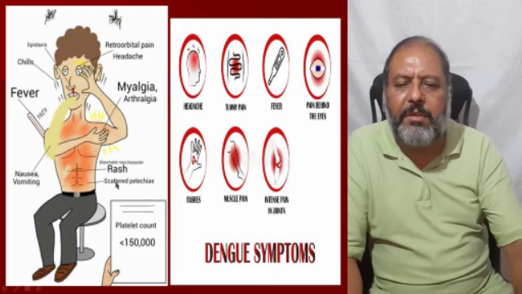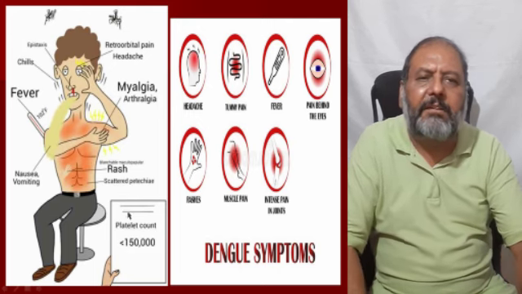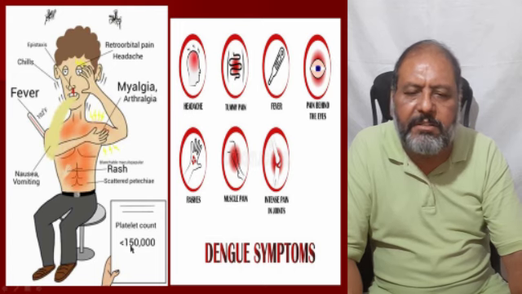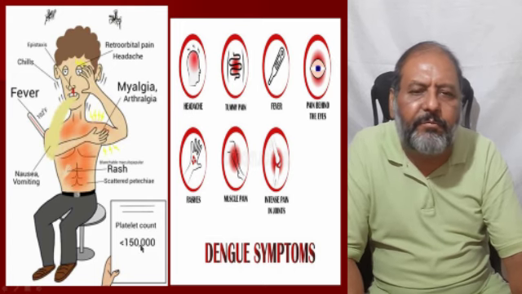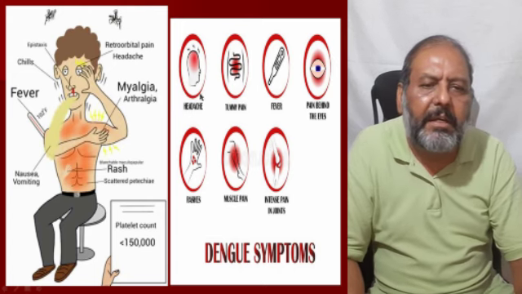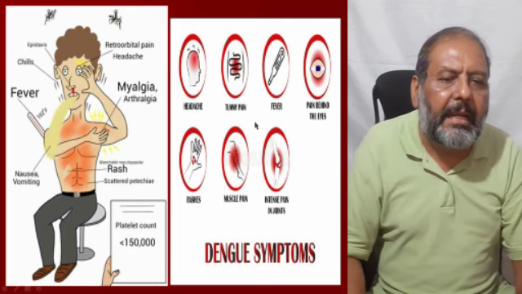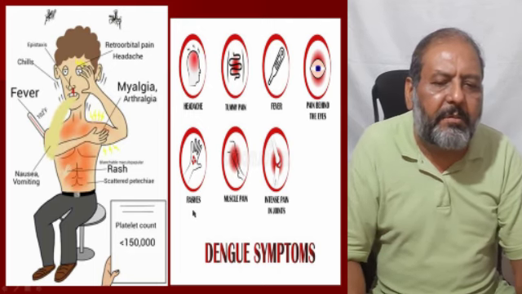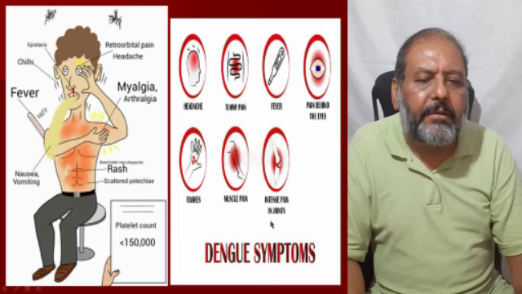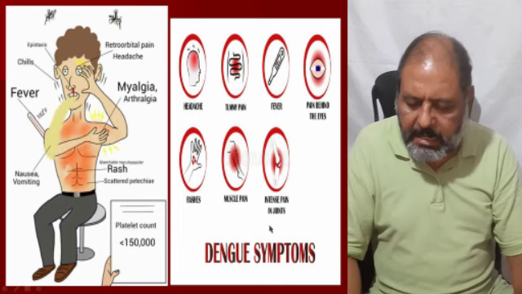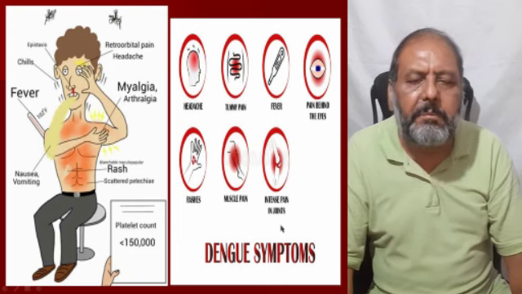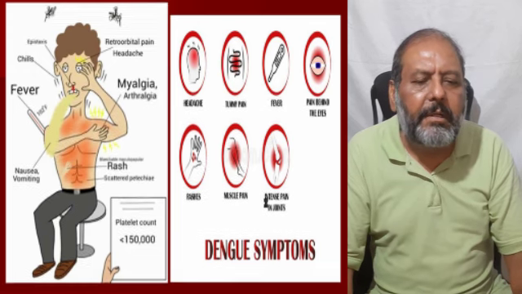People are very much worried about the platelets, and the platelets start decreasing to less than 150,000. So here again the headache and the fever, and one can see the different muscle pains and the rashes, which are the sign and symptom of the dengue.